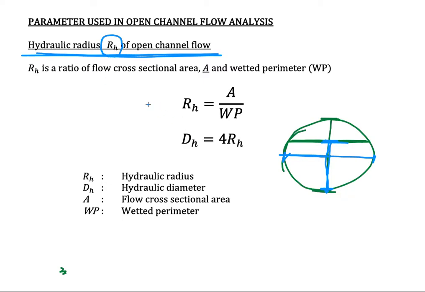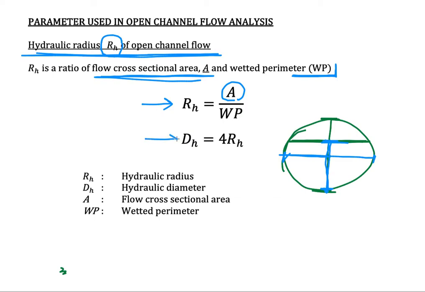So what is the equation of hydraulic radius? The equation is RH equals A over WP, where A is the flow cross-sectional area, so you need to remember this, and WP is the wetted parameter. I will show you an example after this, but please remember these two equations.